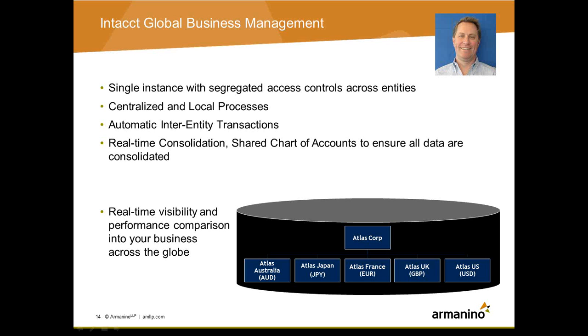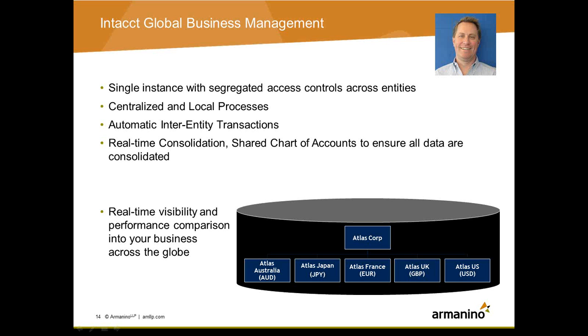So really what we can do and set up within the Intact system is having this central or localized process. For example, you could have multiple offices. They could be branch offices, or they can be set up as legal entities, and you can still maintain that centralized local processing for your accounting and back office.